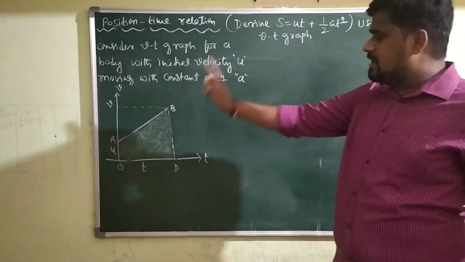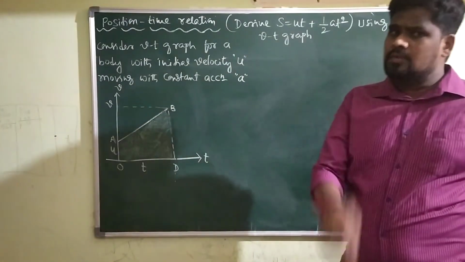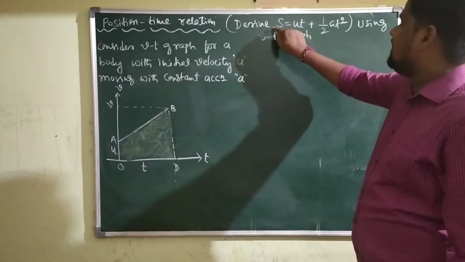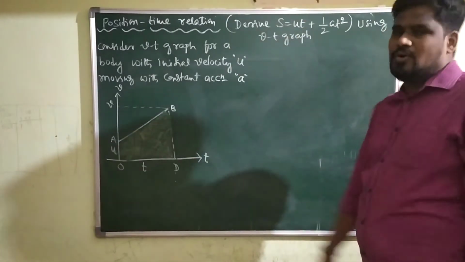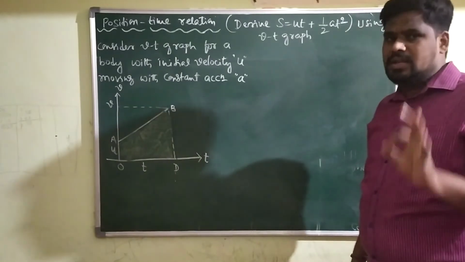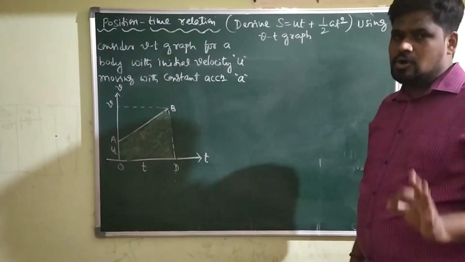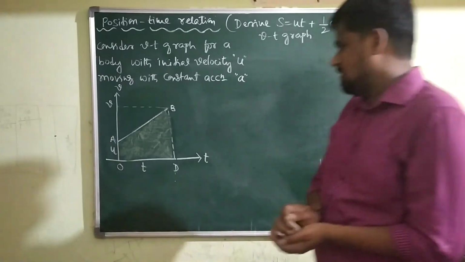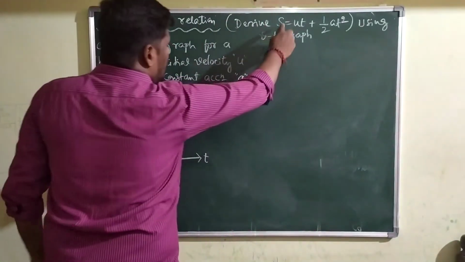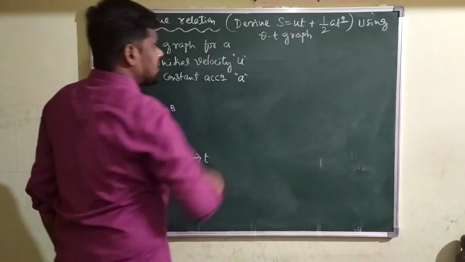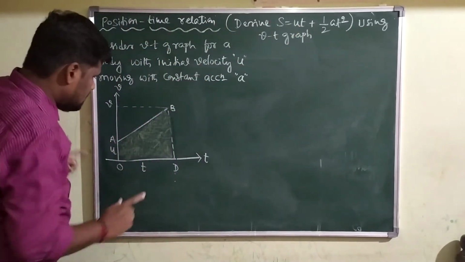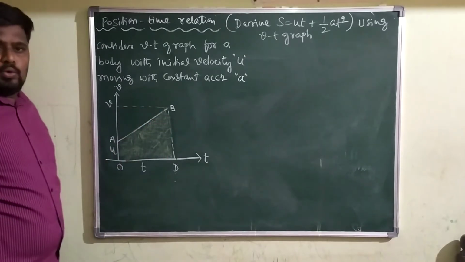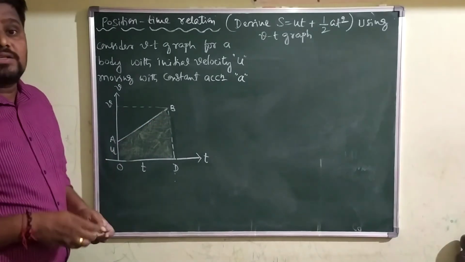Total area enclosed by any velocity time graph will give the value of distance traveled by the body. If you want to calculate distance traveled by the body, that is S, you have to find the total area below the velocity time graph.